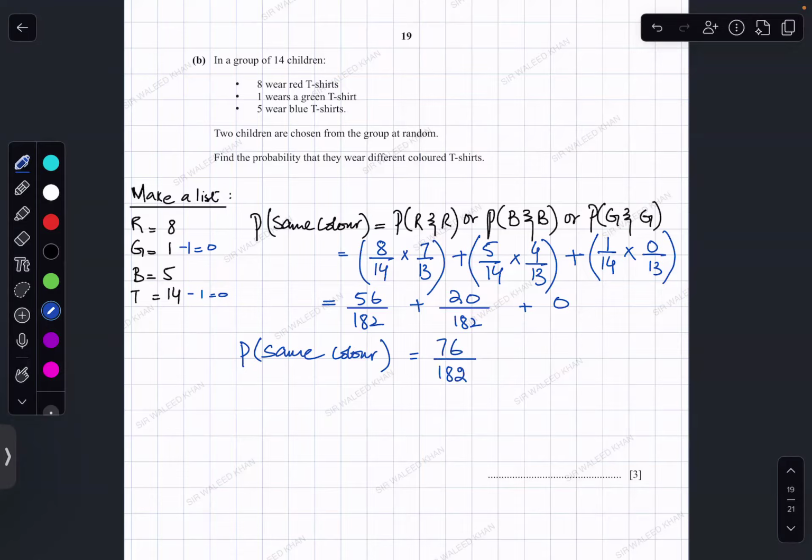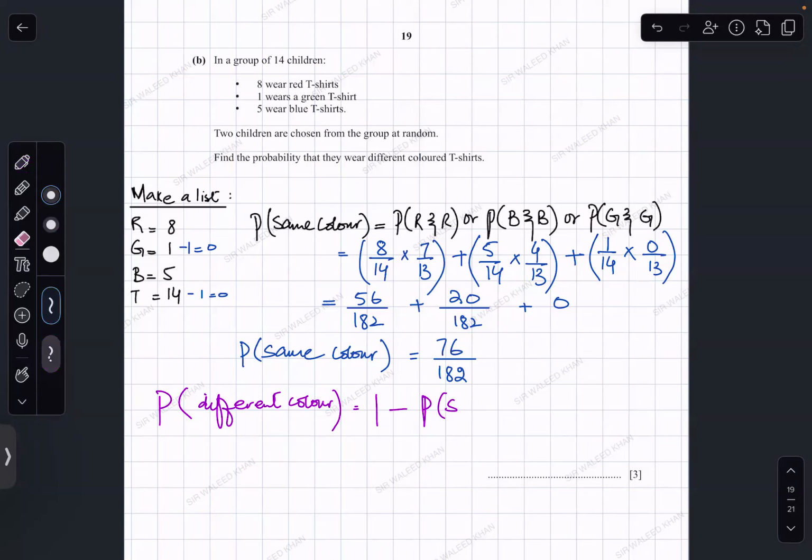If you want to figure out the probability of a different color, you can subtract it from 1, which is the total probability. What is the maximum probability? 1 minus probability of the same color. One minus 76 by 182. So we have 0.58.